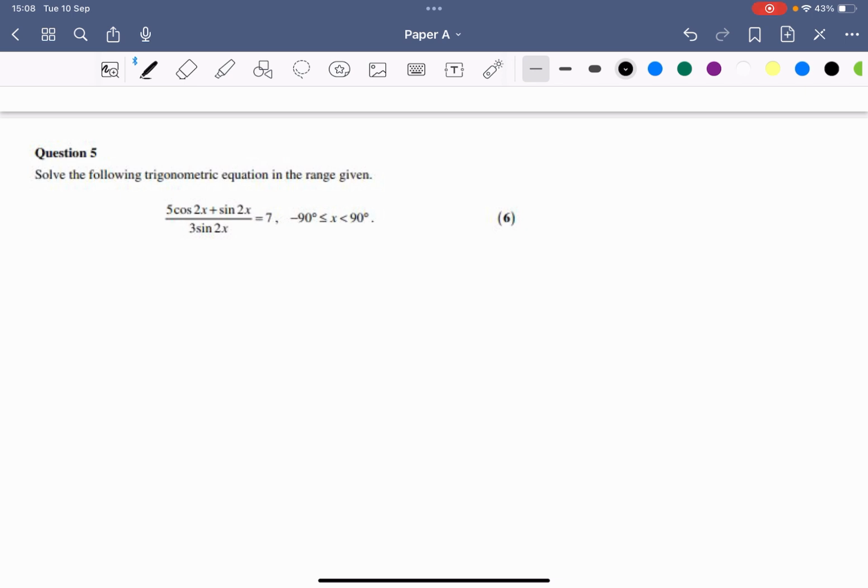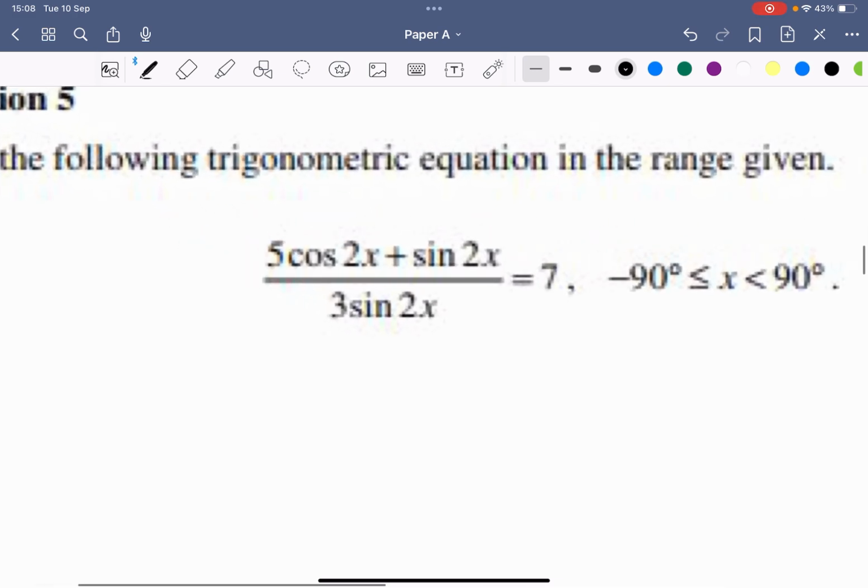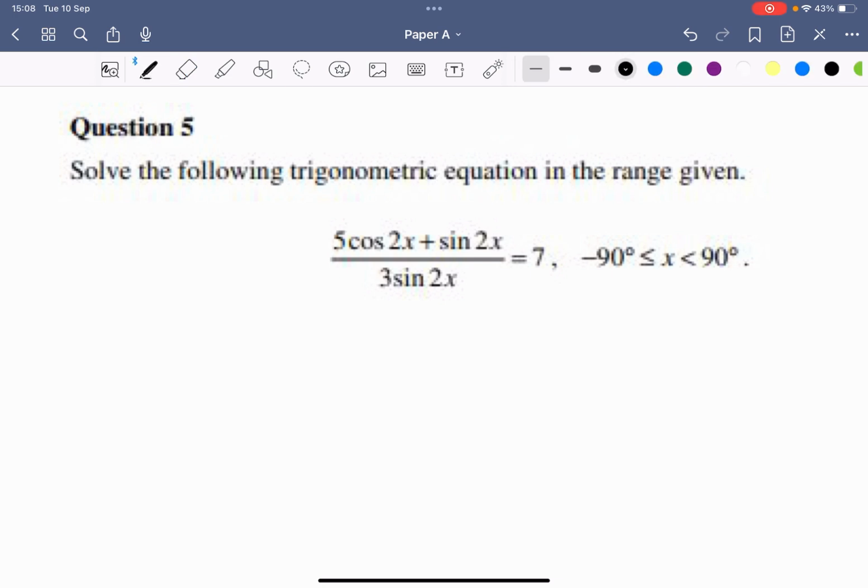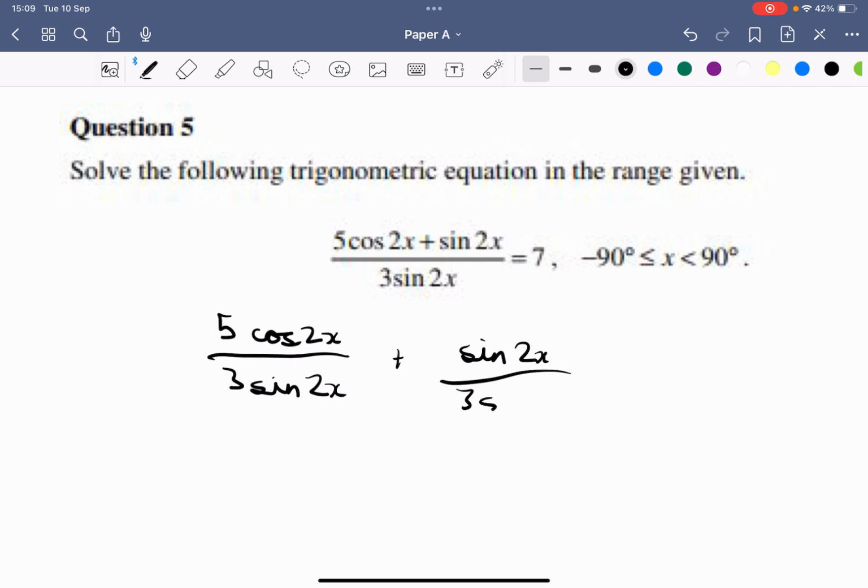For part 5, I need to solve the following trigonometric equation in the range given. So that's the range minus 90 and 90, and to solve this equation, I'm going to split up the fraction first, so that I get 5 cos 2x over 3 sin 2x plus sin 2x over 3 sin 2x equals 7.